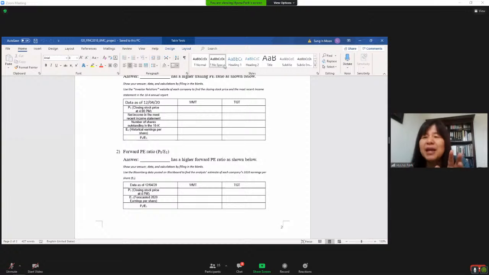So let me emphasize once more, this is a finance class. In finance, we are not just learning theory. Finance is about what's happening in the real world. So it's extremely important for you to learn how to apply what you have learned to understand what's going on in the real world, in real time.